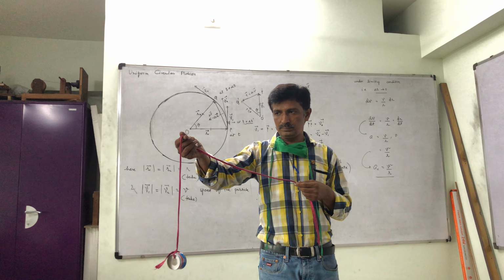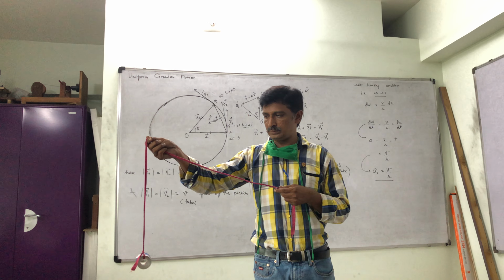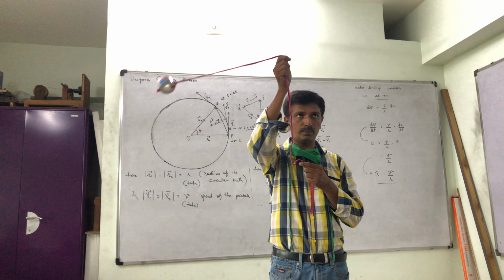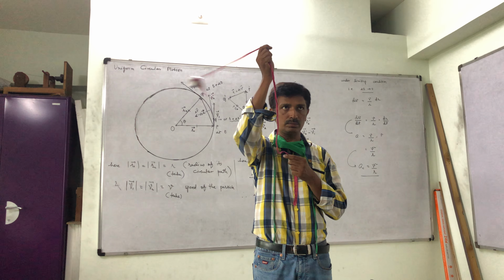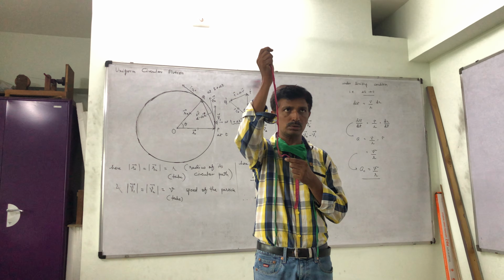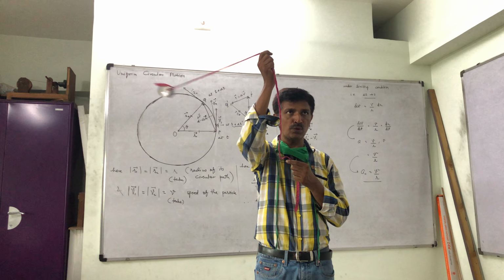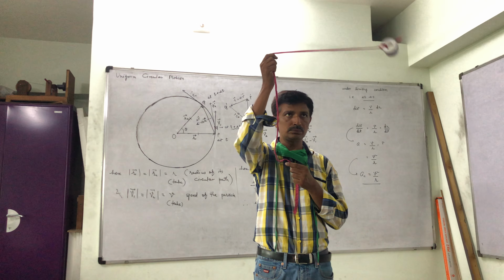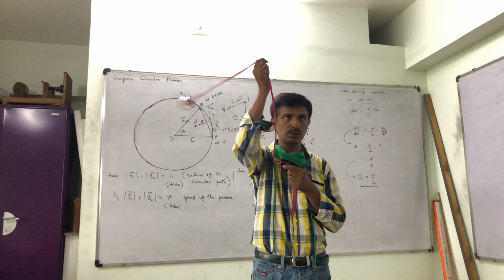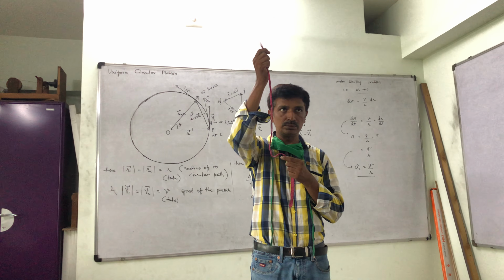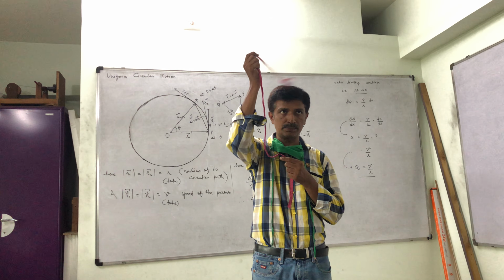Observe this. The speed is almost constant. So the medical tap is performing uniform circular motion, that is, the motion of this body is on a circular path with constant speed.